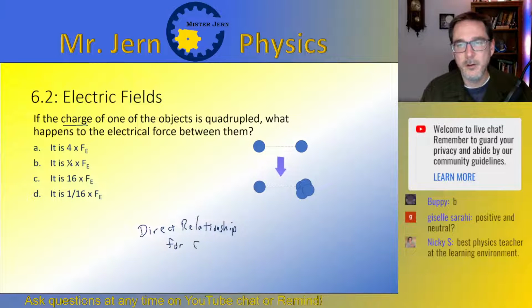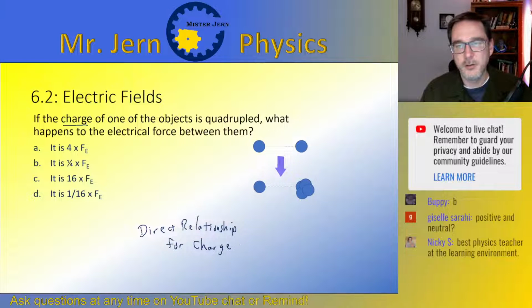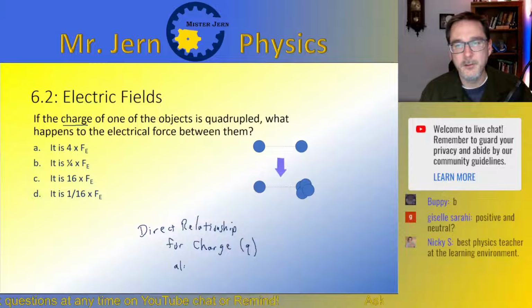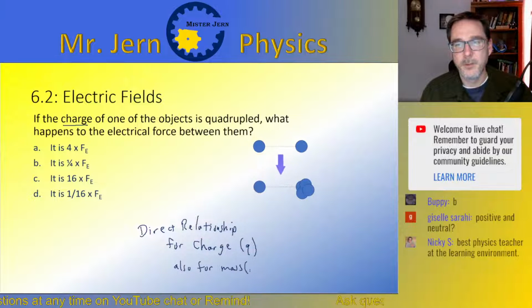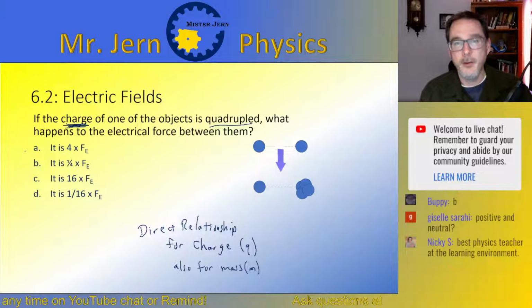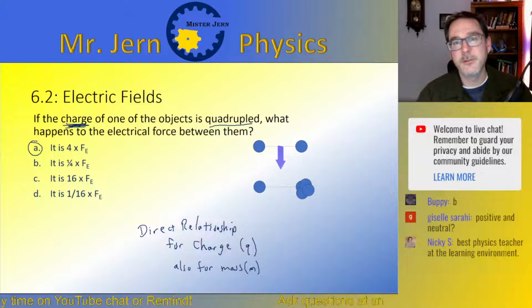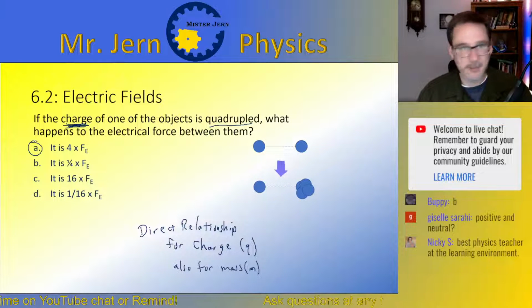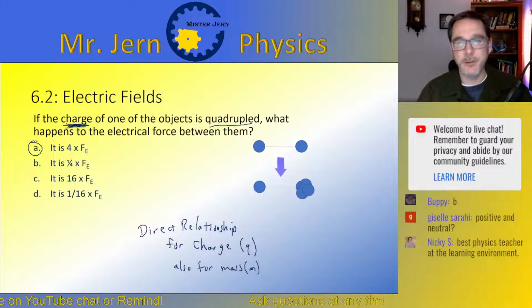So for charge, aka Q, and also for mass when we're talking about gravity. We're talking about charge right now. So charge is quadrupled, therefore it's 4 times the force. It's got 4 times the charge, it's going to get 4 times the force.